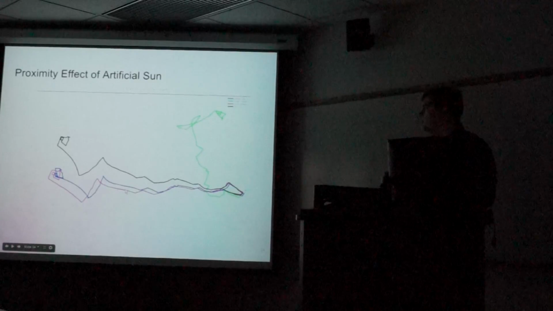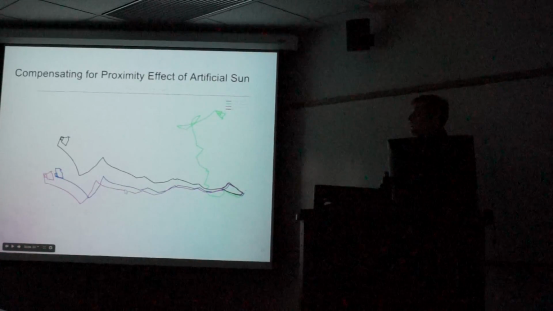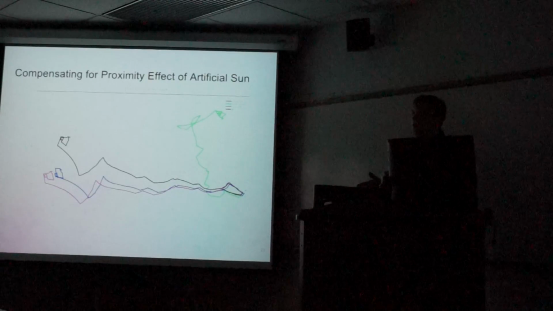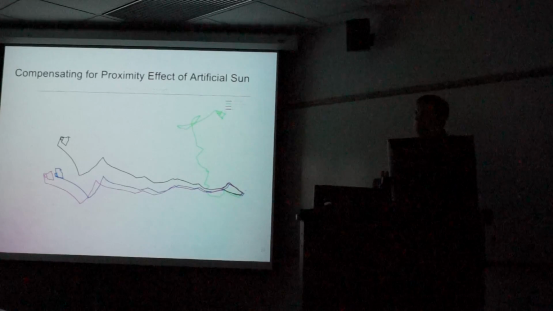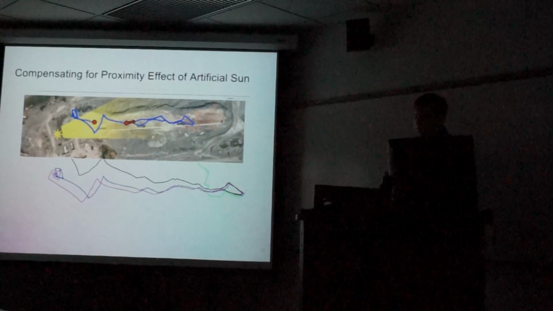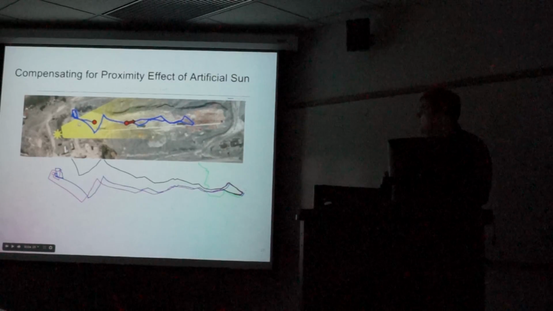And then the purple is the solar compass path reconstruction using only the solar compass's heading and the wheel odometry displacement. And again, you can see, located relative to the light source.